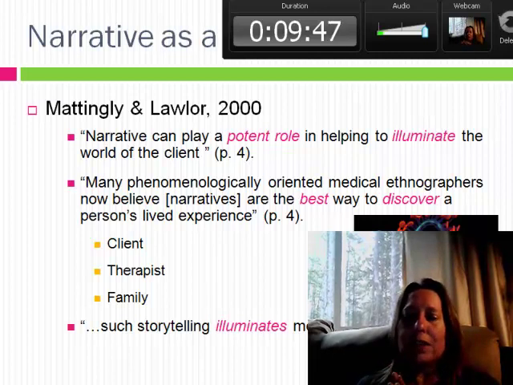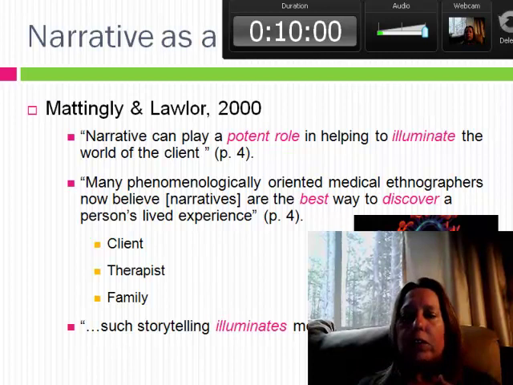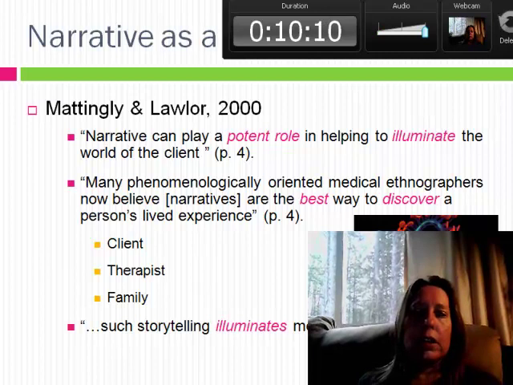It's just the jewelry, it just tells a story. It draws me in. If I had a client wearing something like that, it would probably start our narrative. So narratives have something that draws us in. They have a way for us to relate, a way for us to connect. And sometimes objects like jewelry can be a tool that helps us begin to establish that connectedness and start to form our narrative.